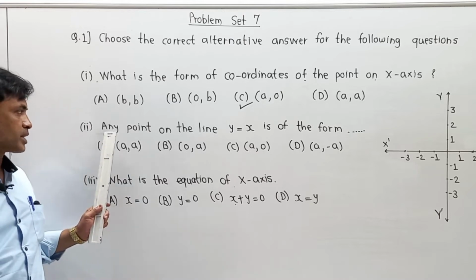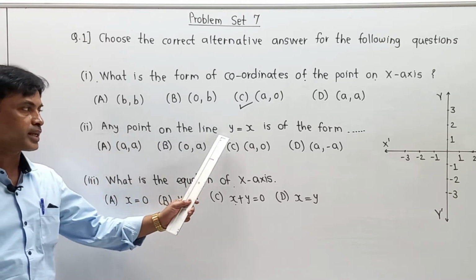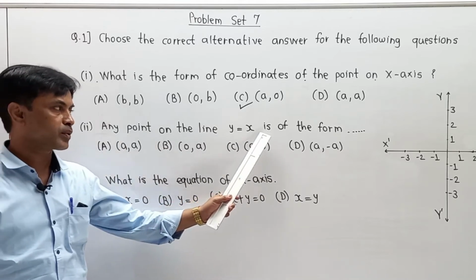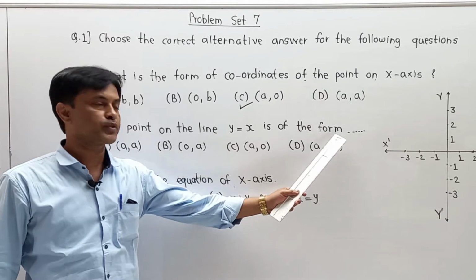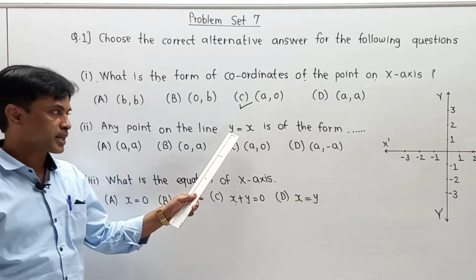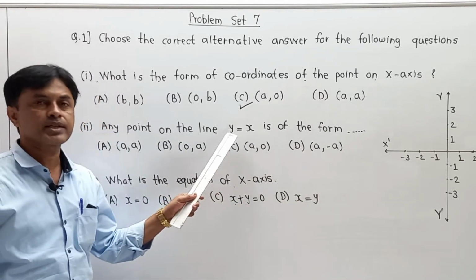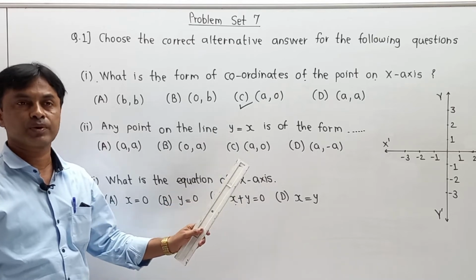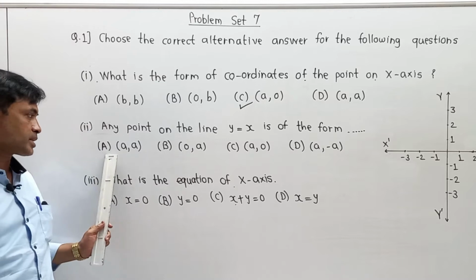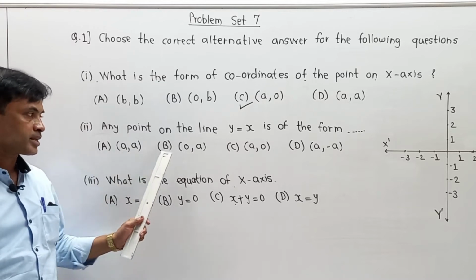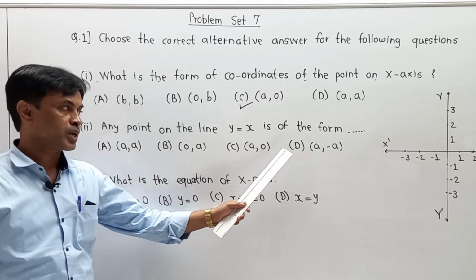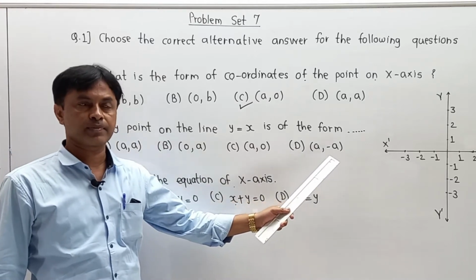Now our second question is, any point on the line y is equal to x is of the form. Here you can say that y is equal to x or x is equal to y. It indicates that the values of x and y must be equal. They have given us first choice A, (a, a), second (0, b), third (a, 0) and fourth D, (a, -a).